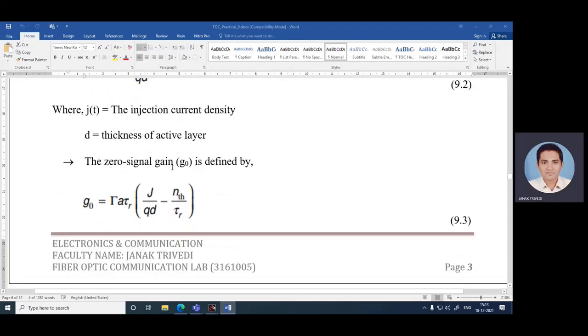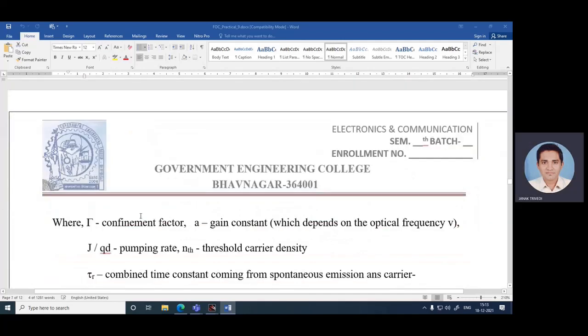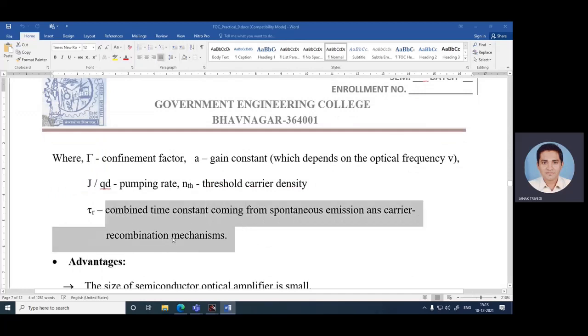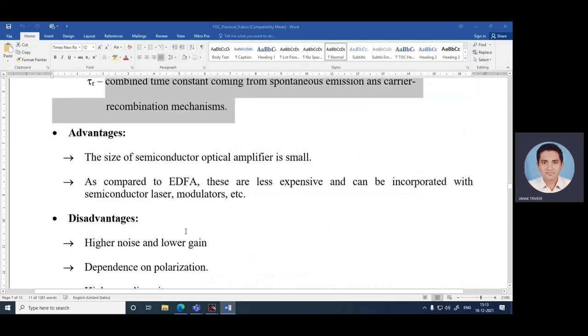And the zero signal gain is defined by G0 = a(J/qd − n_th)/τr, equation 9.3, where Γ is the confinement factor, a is a gain constant which depends on the optical frequency ν, J/qd is the pumping rate, n_th is the threshold carrier density, and τr is a combined time constant coming from spontaneous emission and Auger recombination mechanism.